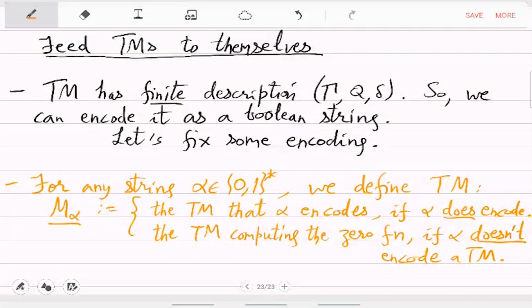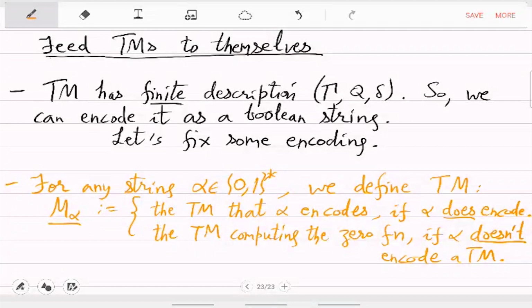Okay, so this is a definition by two cases. Either alpha does encode a Turing machine, then you just use that Turing machine as M sub alpha. If alpha doesn't encode a Turing machine, then you take the zero Turing machine.